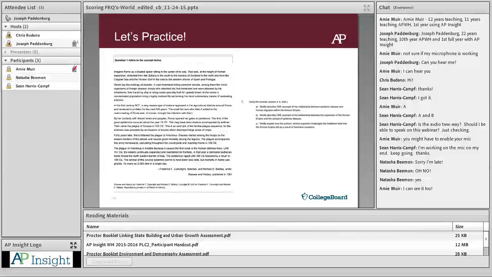There are three parts, A, B, and C. In the upper right-hand corner, you'll see the little man with his arm raised. When you're finished reading, just click on that for me.